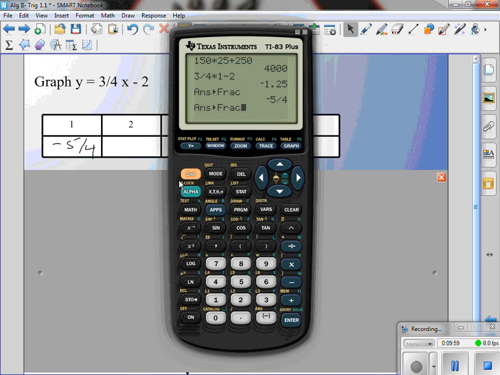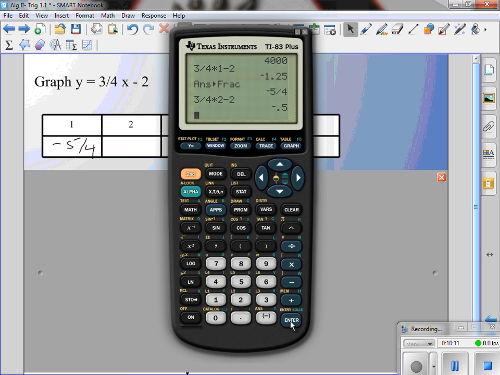Second, enter. I just keep hitting second enter until I get back to what I want. What do I have to do? Go back to that 1 and make it a 2. Press enter. Now, this is a decimal everyone should know. What is negative 0.5? Not half. Negative 1/2.